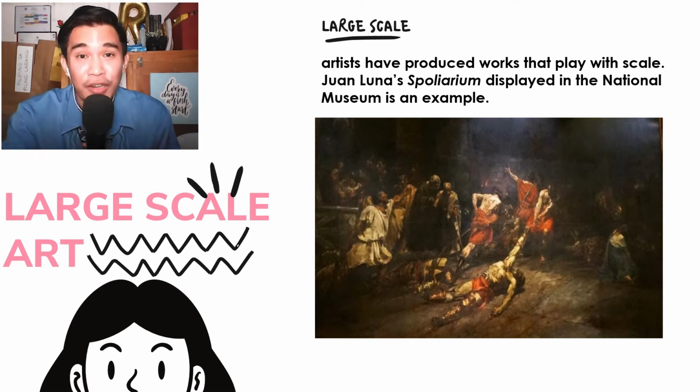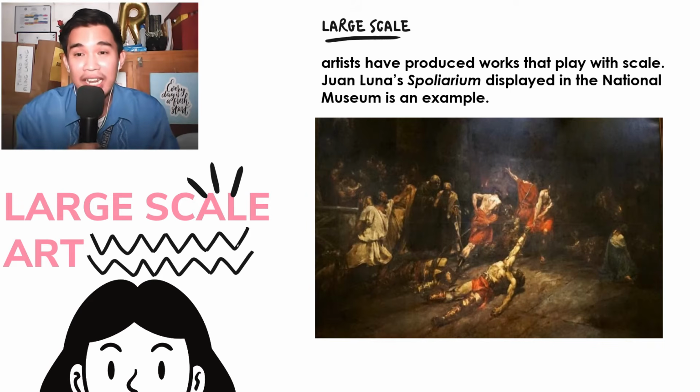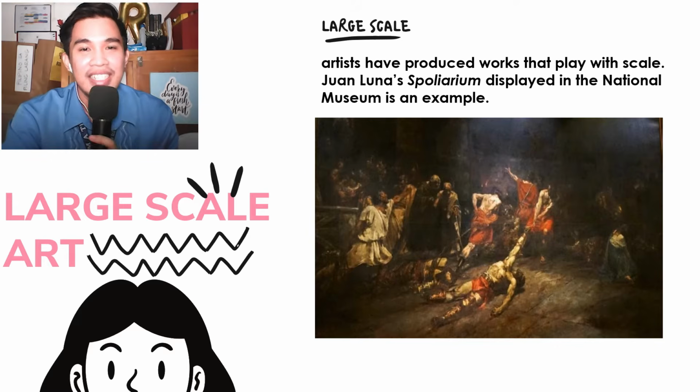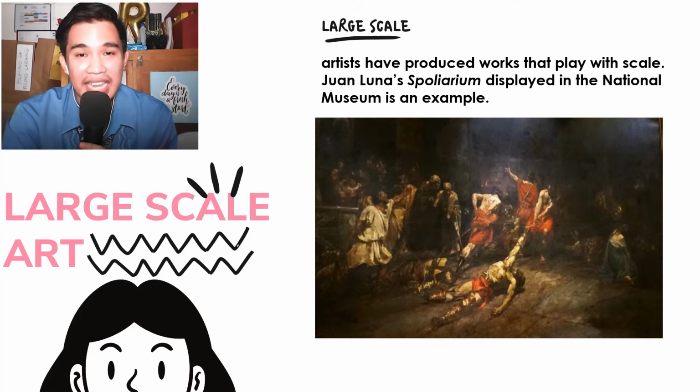Even though we can only see Spoliarium, the painting of Juan Luna, on the internet, we think it is small. But in reality, what Juan Luna painted is very huge. Maybe twice my height, that's how big it is. And the width is also long. Okay? So that is an example of a large scale.